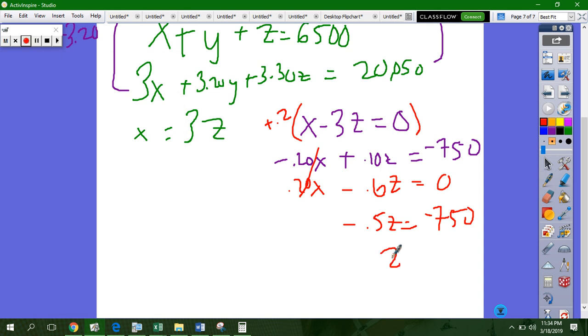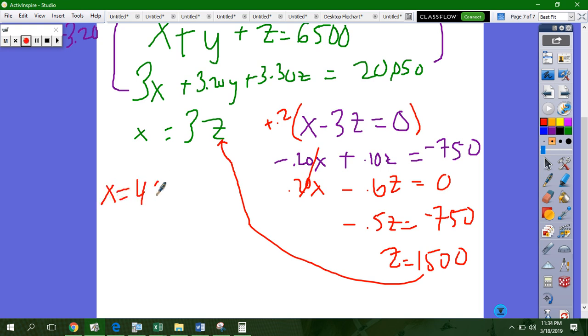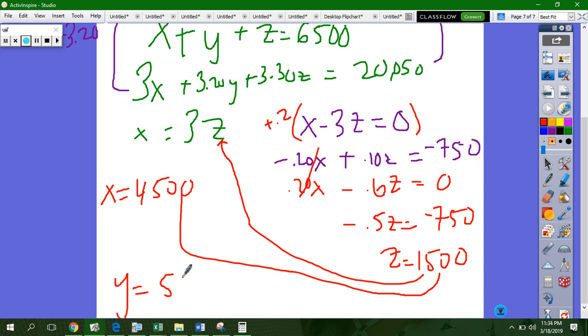So z is 1500. So I used 1500 of premium. Now once again, because I know it's 1500, I plug it right here. So my regular is 4500. Now if you use these two together, that's 6,000 gallons of gas. And notice they used 6,500, so I also know Y is 500. Now if you check all three of those equations, it should come out.